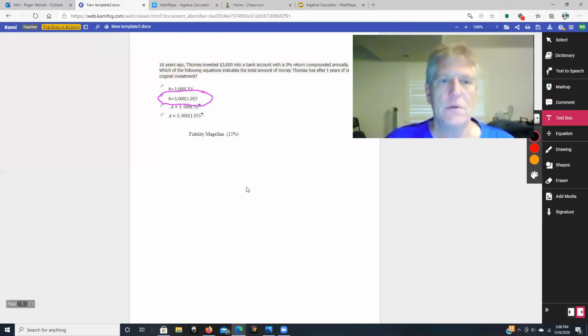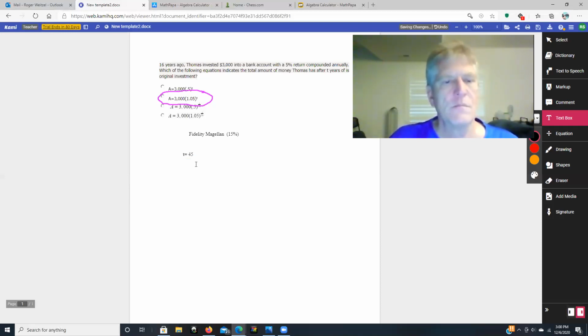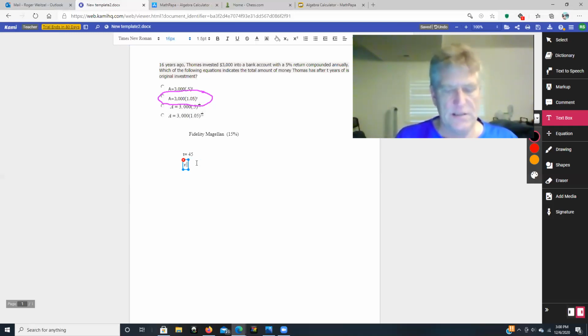If you plan to retire, or let's just say we're going to call 65 the retirement age. So in this case, T will be equal to 45. Instead of the 5%, what we're going to say is our rate is 15%.